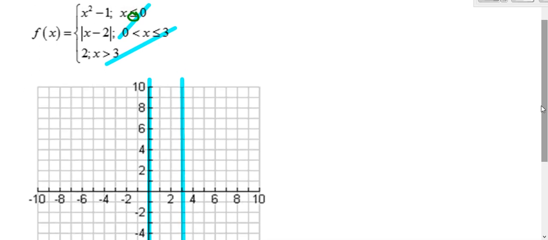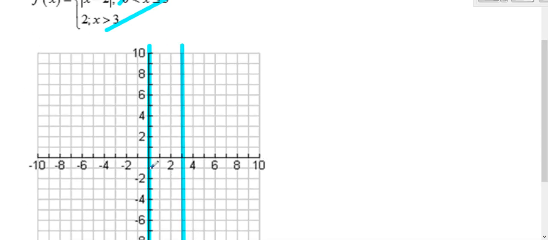X squared minus 1 means shifted down 1, filled in point because we're on the boundary right there. And it's the parabola x squared, which you know goes over 1, up 1, over 2, up 4, over 3, up 9. And it's just that parabola, or half of a parabola.